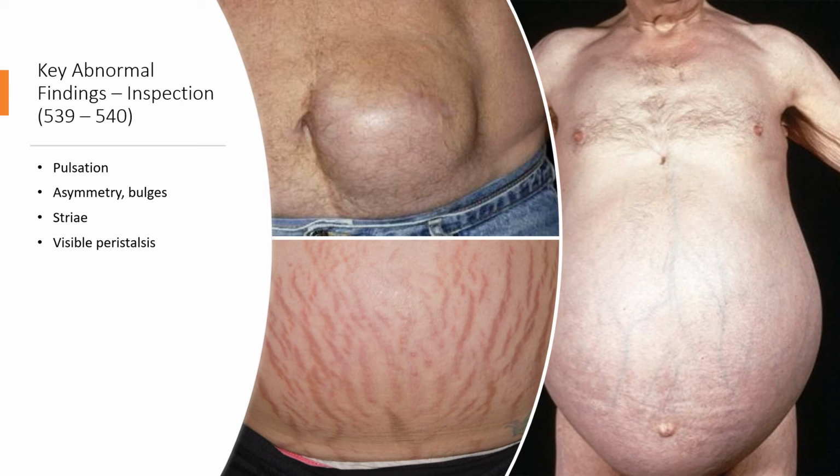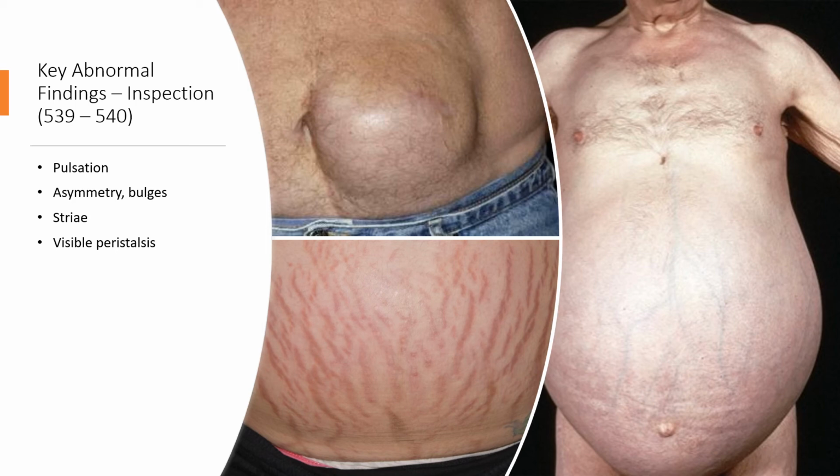Okay. Asymmetry or bulges, and this is a picture on the top left. That is actually a hernia. A hernia is when you have a weakness in the muscle wall in the abdomen, and you have bulging of the abdominal contents through that weakness. Okay, so this guy has a fairly large hernia.